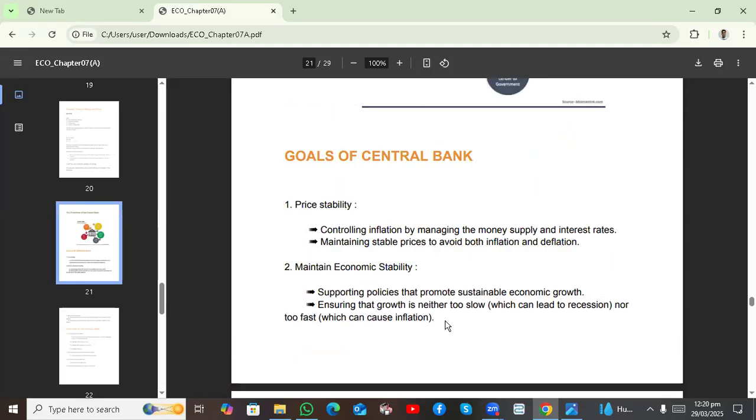Price stability means controlling inflation by managing the money supply and interest rates, maintaining stable prices to avoid both inflation and deflation. Maintaining economic stability means supporting policies that promote sustainable economic growth, ensuring that growth is neither too slow nor too fast.